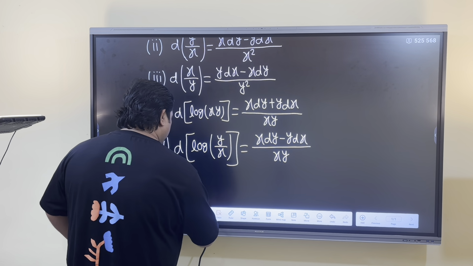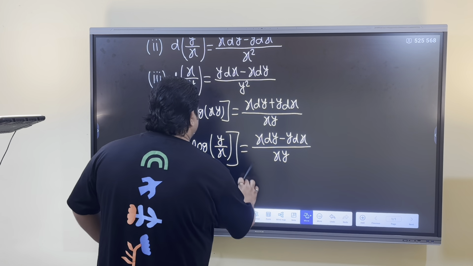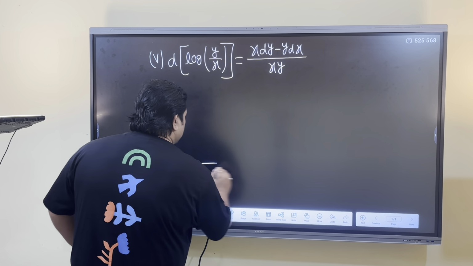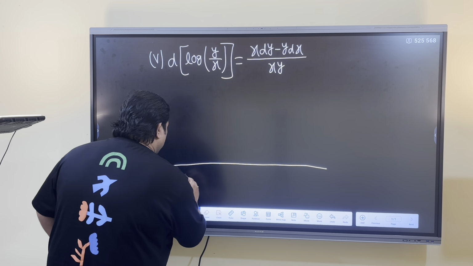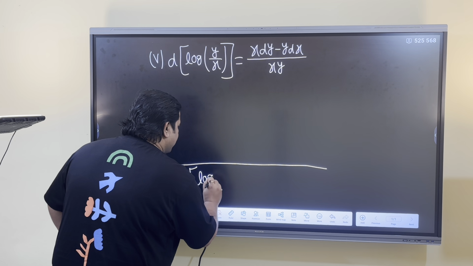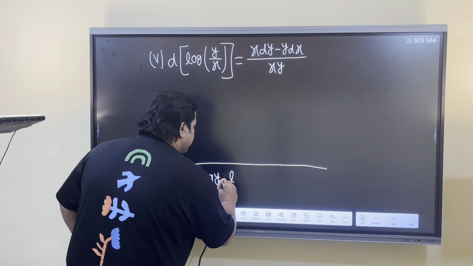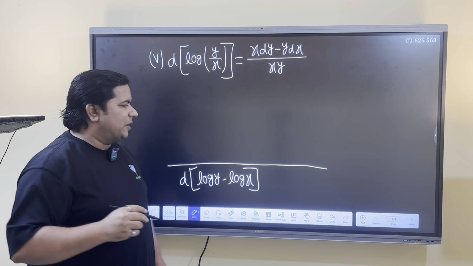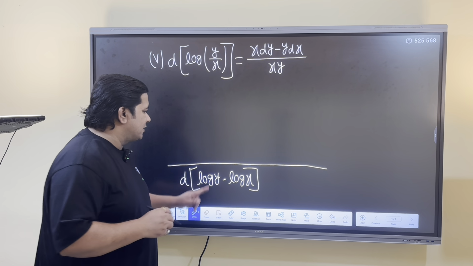Or if you want, I can explain this. Log y by x can be written as log y minus log x using the properties of log. So what will be the differentiation of log y?